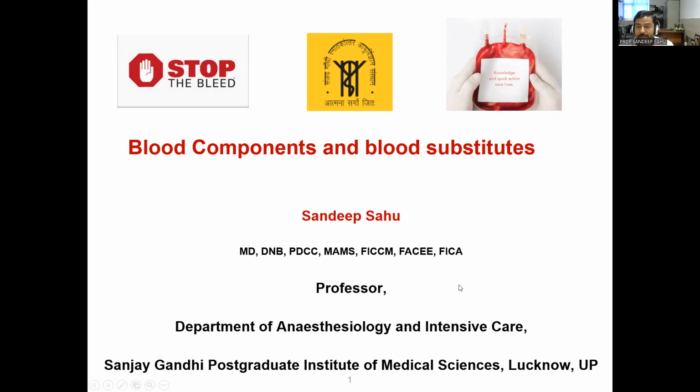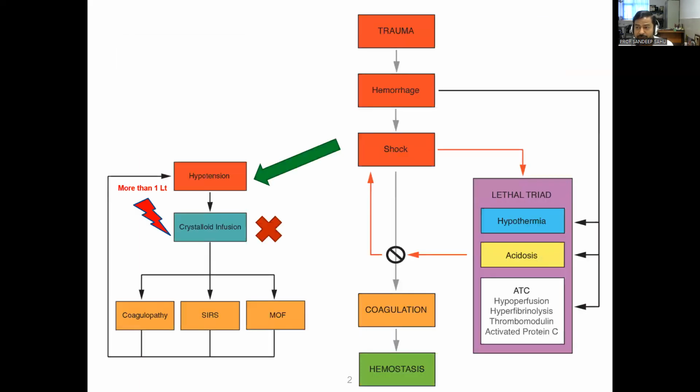You must all be dealing with hemorrhagic shock in the OT, ICU or emergency. Whenever we have a hemorrhage and the patient is in shock, meaning the blood pressure is low and the patient has tachycardia leading to hypotension, usually the treatment is giving a lot of fluid.